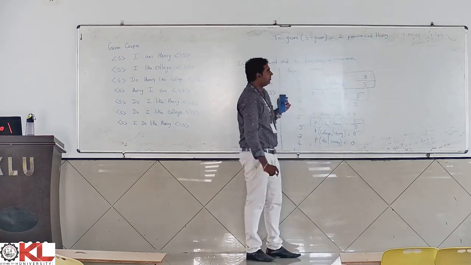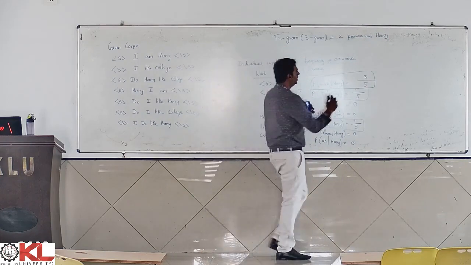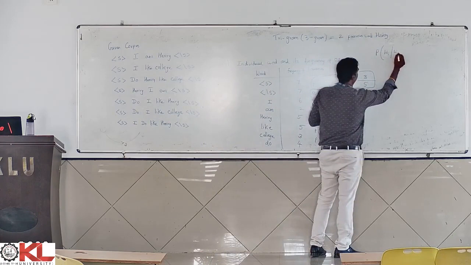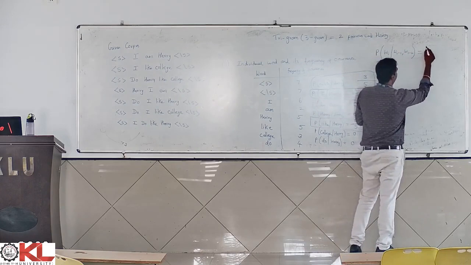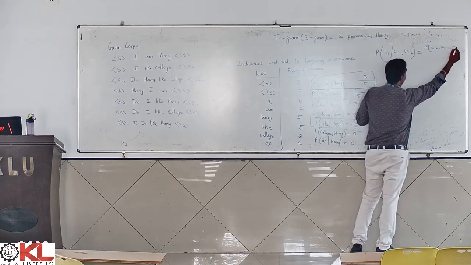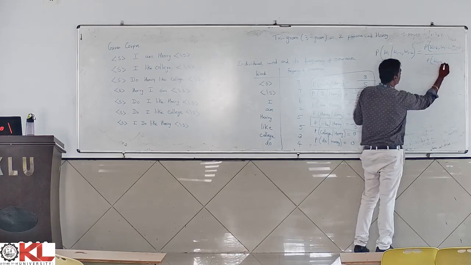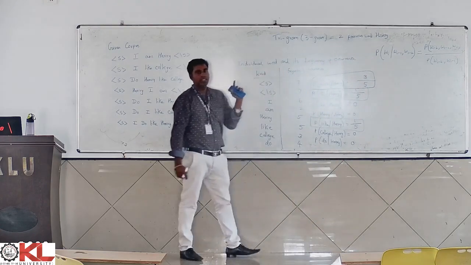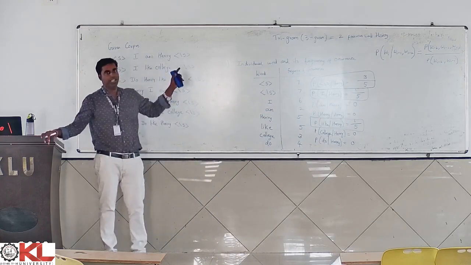So this is the concept of the trigram model. How will we write the formula? The probability of occurrence of W of I, given W of I minus 1 and W of I minus 2, is equal to the joint probability of W of I minus 2, W of I minus 1 and W of I, divided by the probability of occurrence of W of I minus 2 and W of I minus 1. I have rewritten the maximum likelihood estimation formula in the context of trigram.